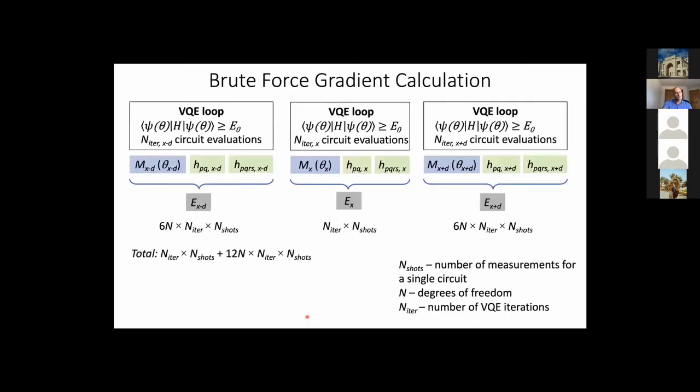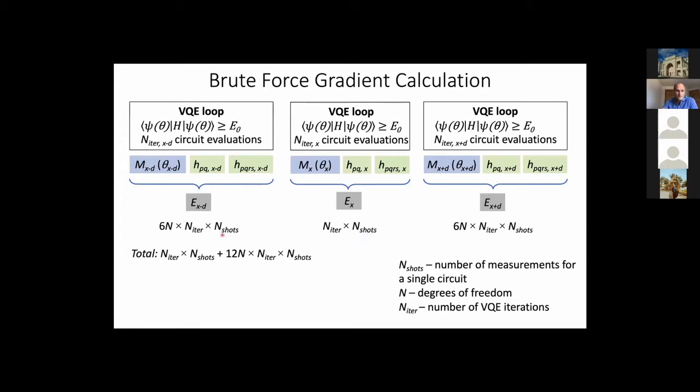If we begin with the brute force approach, where we calculate the energies at the displaced geometries the same way as at the central point, we basically run 3N VQE loops for each geometry. Here in the center, we would have to run a number of measurements equal to the number of iterations of VQE multiplied by the number of shots for each circuit measurement.